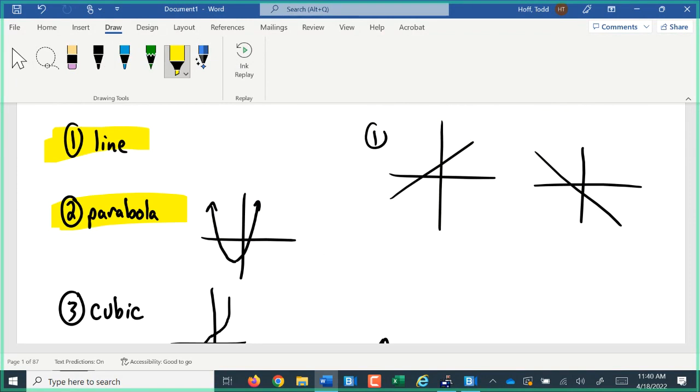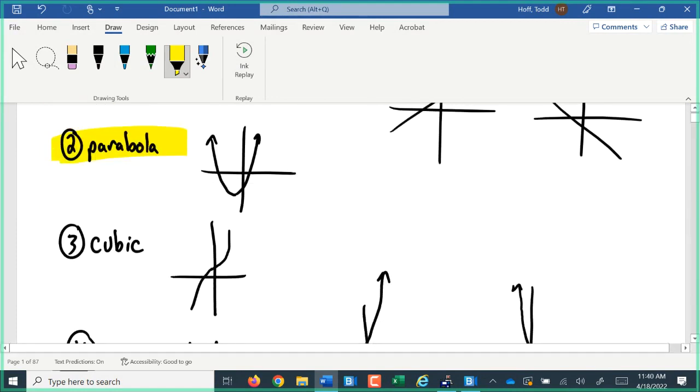Anything that involves a rate of change, like a speed, could be graphed with a line. Parabolas are important because they're really the heart of maximization and minimization problems, dealing with the point of the parabola being that maximum or minimum point.